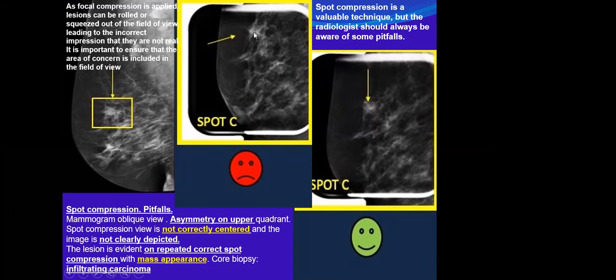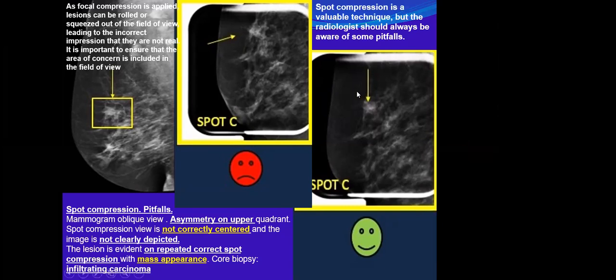You see, look here, this is at the periphery. It might even slip away. It might not be seen even in the field of view, and might give you just the impression that there is no asymmetry here. And you might report it as spread away. So we have to be sure that the area of concern is included in the spot compression, that it really spreads away, and that there is no residual lesion.